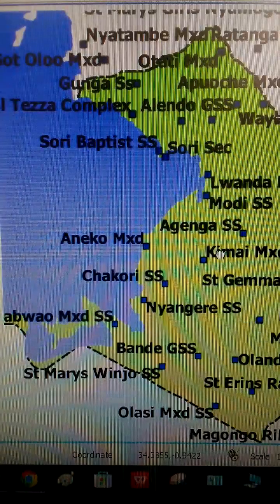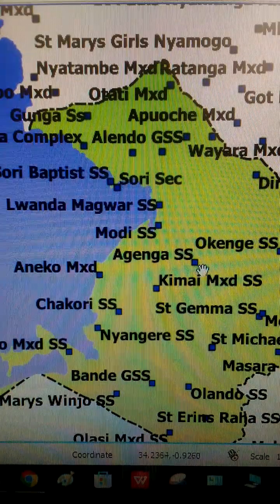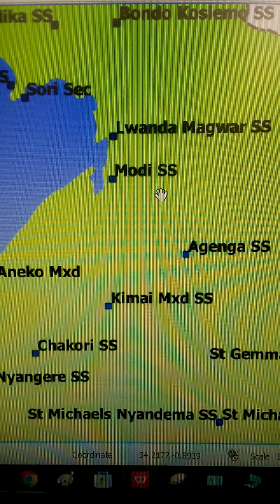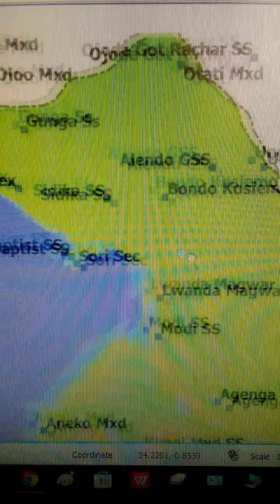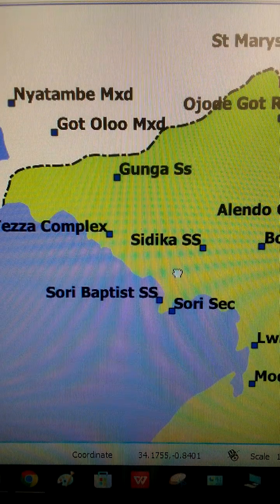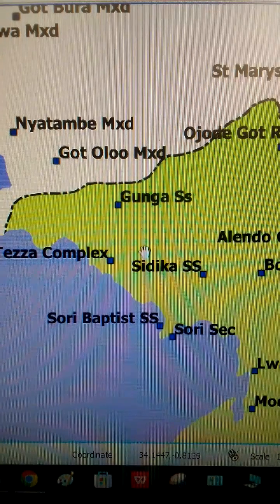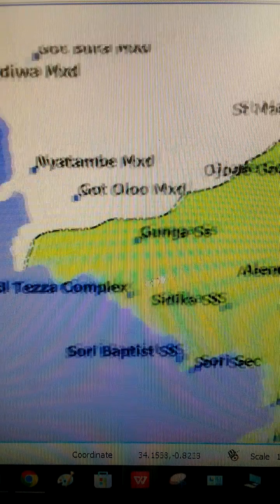All right. We have seen Aneko. Now we have Agenga Secondary School. We have Modi Secondary School, Luanda Magwar Secondary School, Sori Secondary School, Sori Baptist Secondary School, Sidika Secondary School. We have Teza Complex, BI Teza Complex Secondary School.